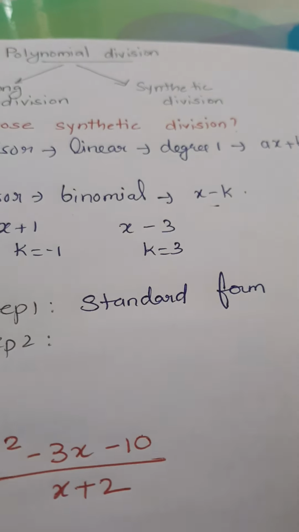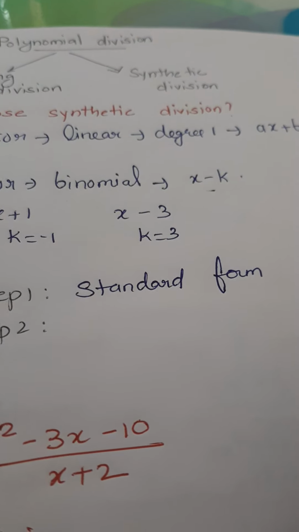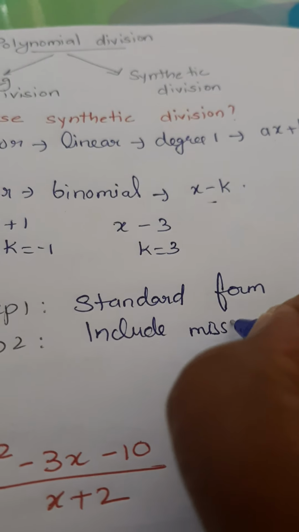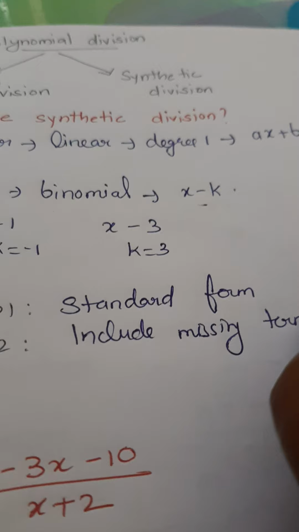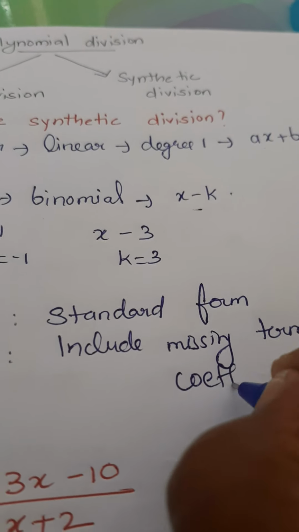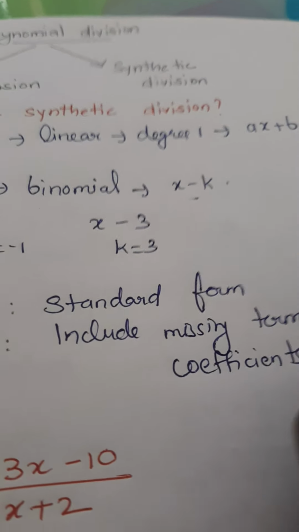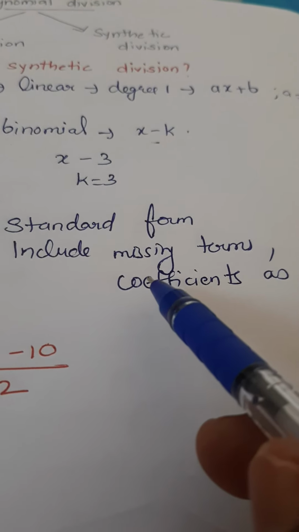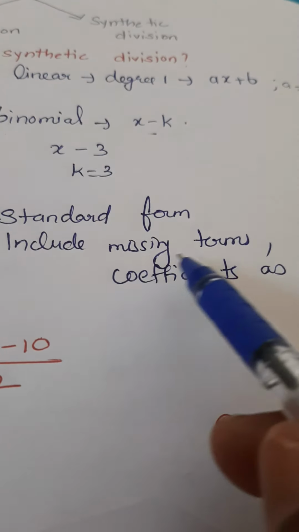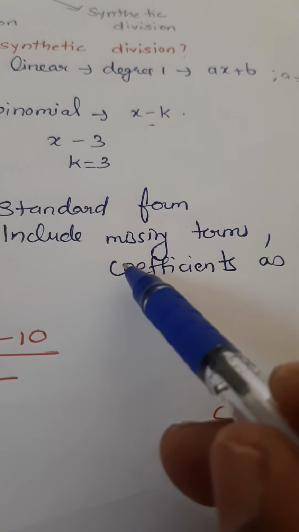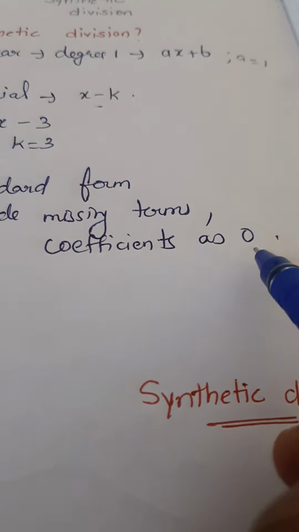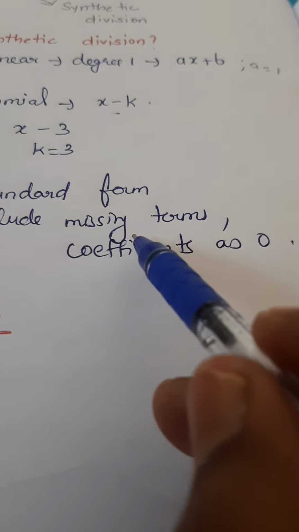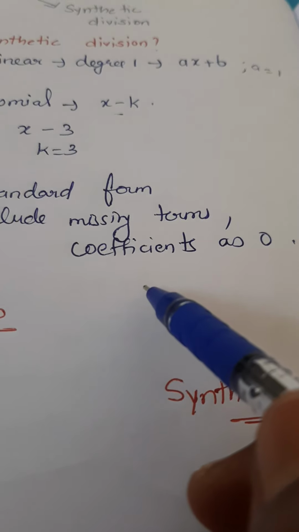Step 2: if there are any missing terms, include those missing terms with coefficients as 0. So if the dividend p of x contains any missing terms, include them and write down the coefficients as 0. These are the first two steps you need to perform before going for the division process.